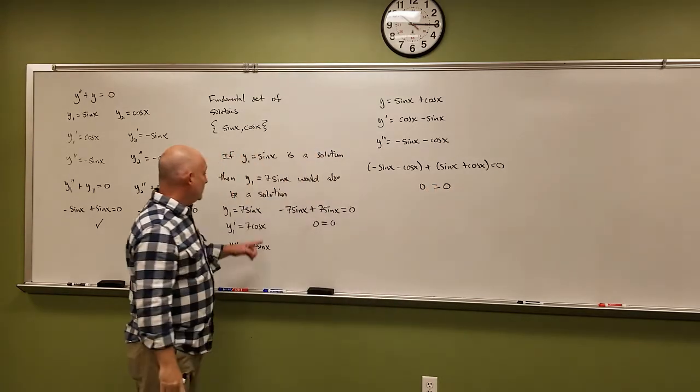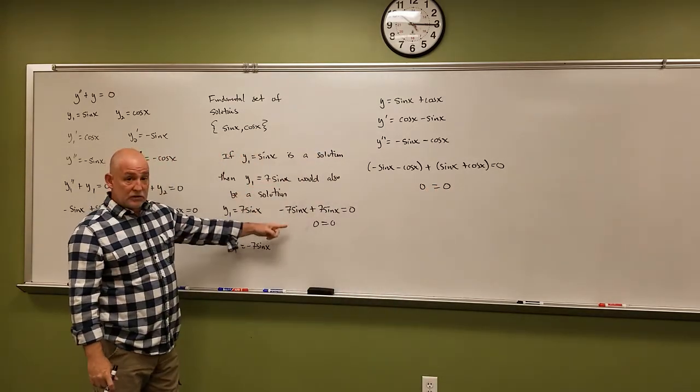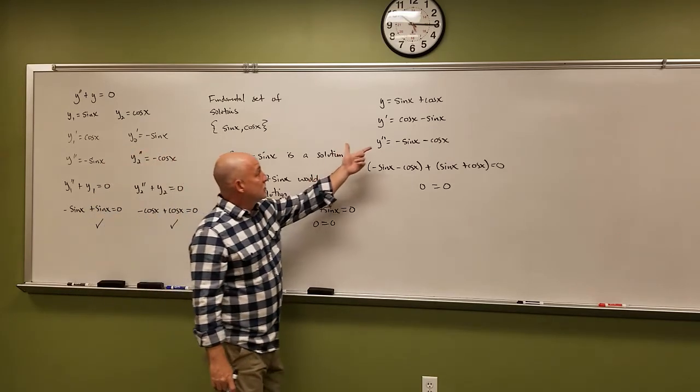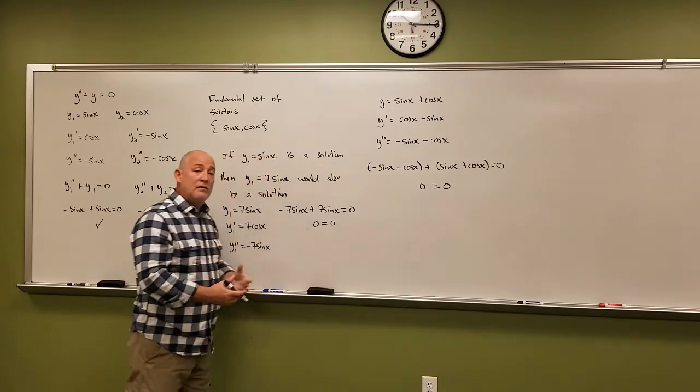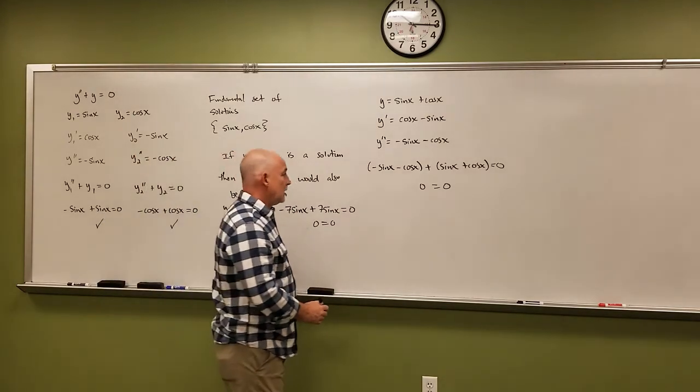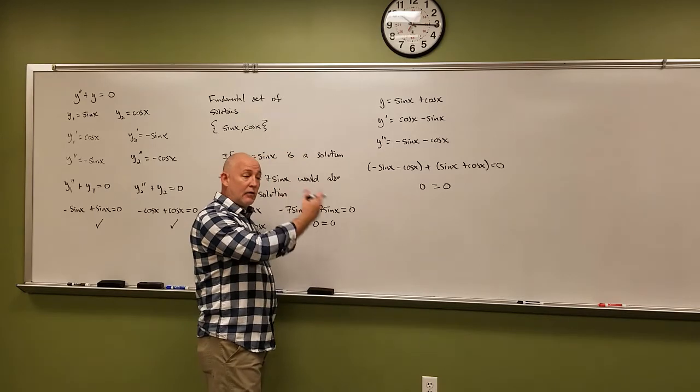So not only is a constant multiple of a solution still a solution, if you take solutions and add them together, it's still a solution. So the most generic way that we can write a solution is a linear combination of all the solutions.